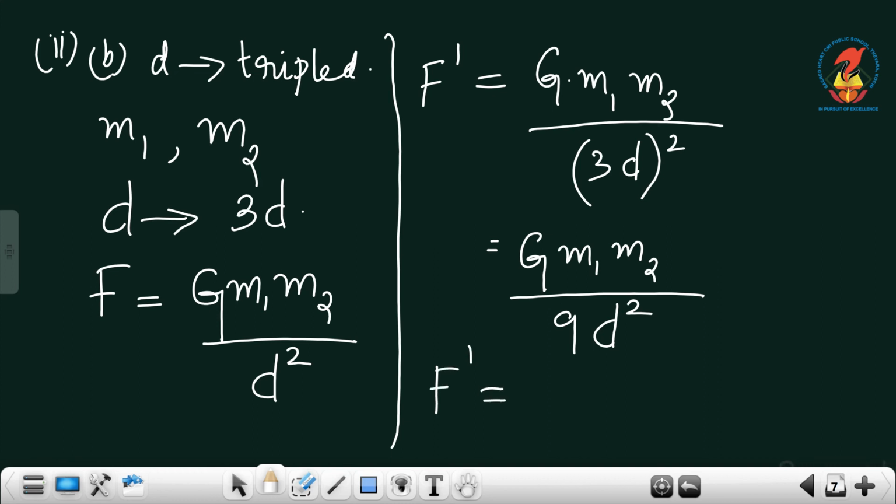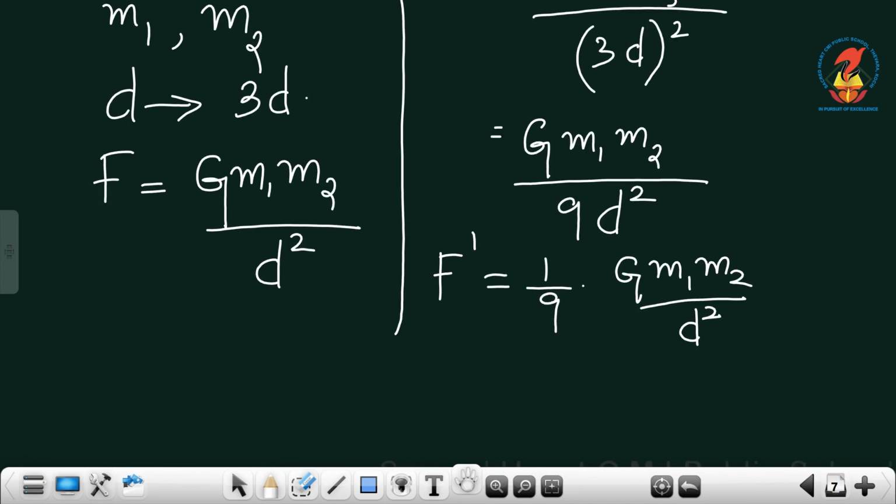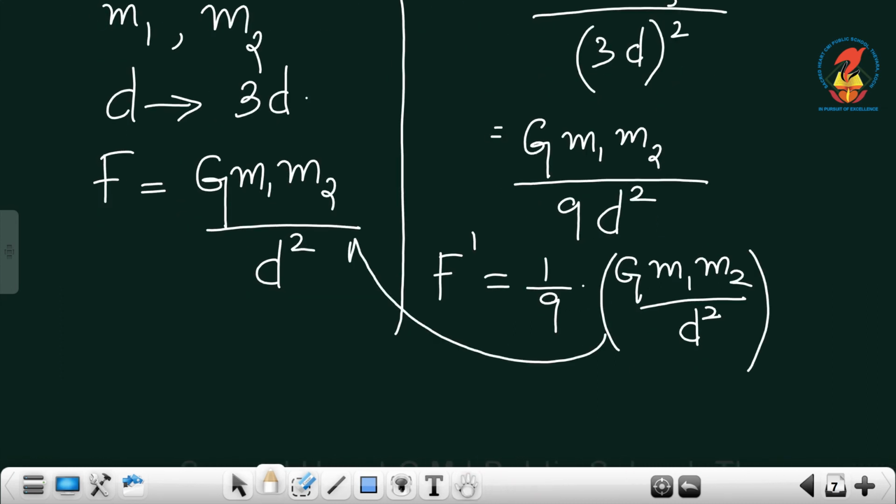Now let us rearrange it. 1 by 9 into G m1 m2 by d square. Again see, G m1 m2 by d square is our original force. That is, the new force is 1 by 9 times the original force.